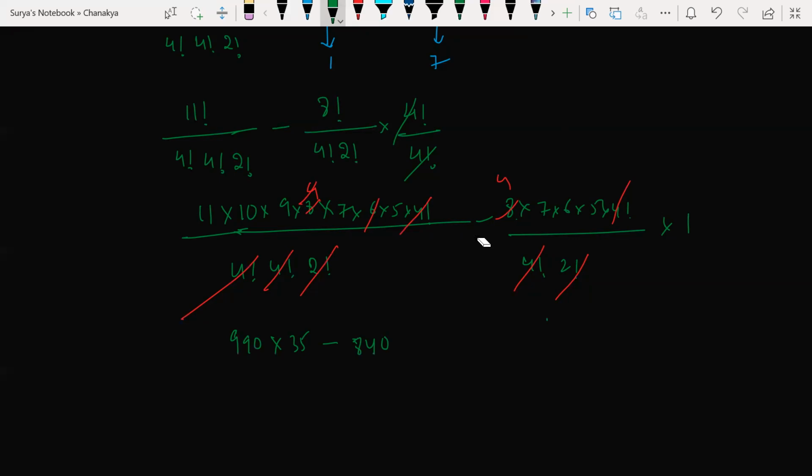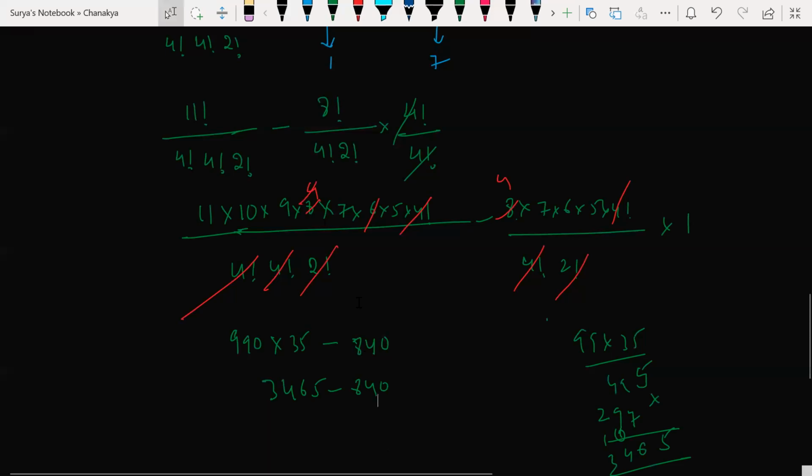So 990 into 35, how much? 990 into 35, 5 9s are 45, minus 45, 49, 3 9s, 27, 29, 5, 6, 14, 3 6, 3465, 3465 minus 840. So this is what your answer is going to be.